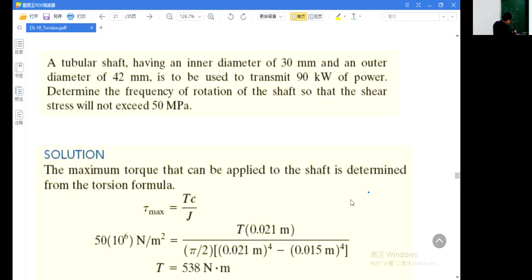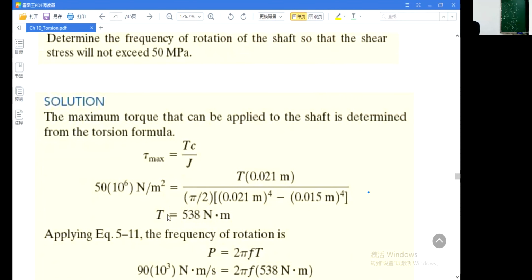So J is half pi times c out to the fourth minus c in to the fourth. So we find the torque is 538 Newton meter.